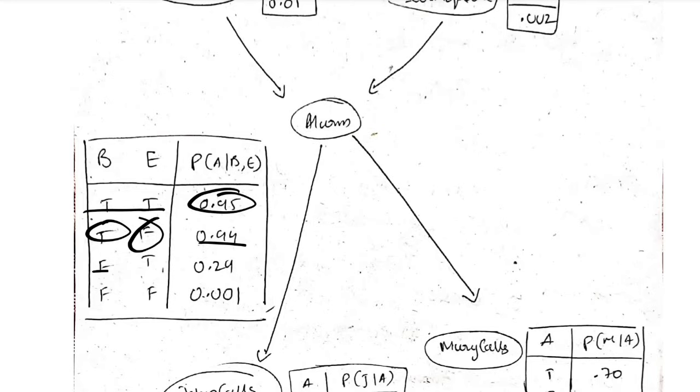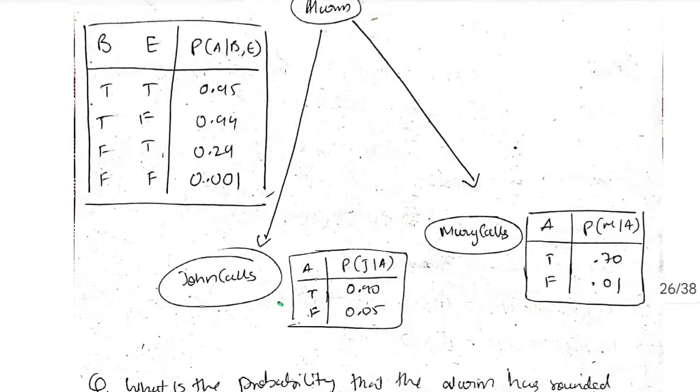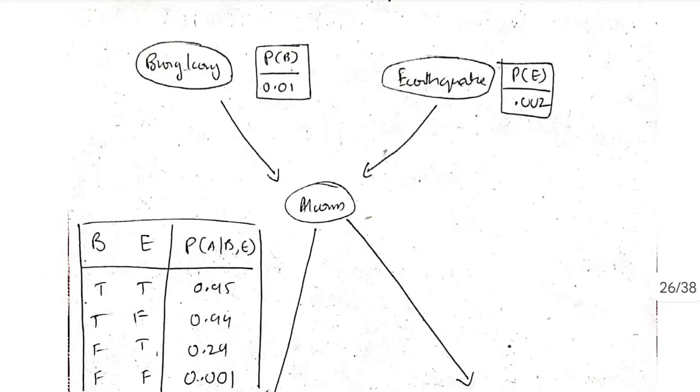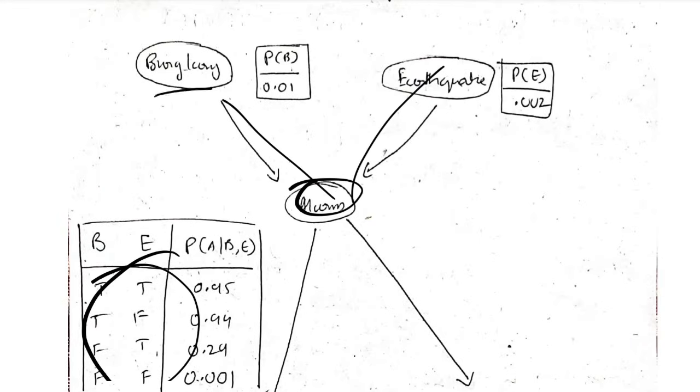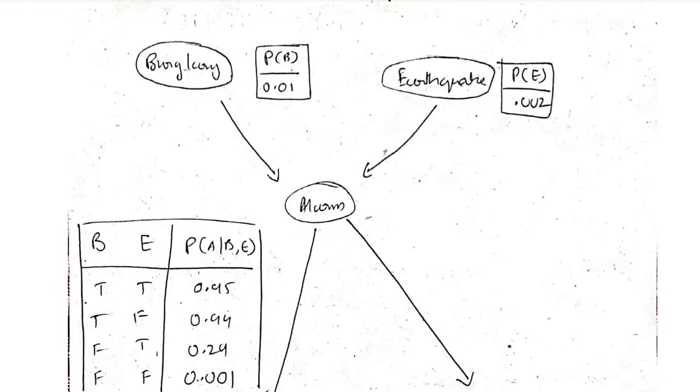If burglary did not happen but the earthquake happens, it will sound 29% of the time. If burglary and earthquake both do not happen, still in 0.1% of the cases the alarm will sound. Whenever there is a dependency upon two things, they will write this table, because each can be true or false, so there are four combinations. All these combinations you have to mention here.